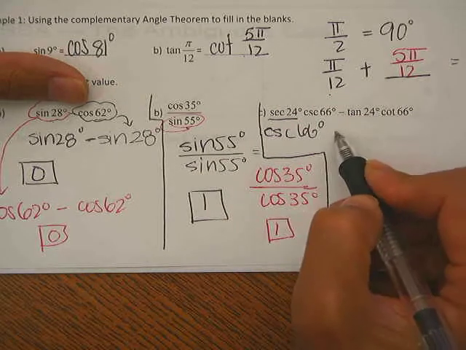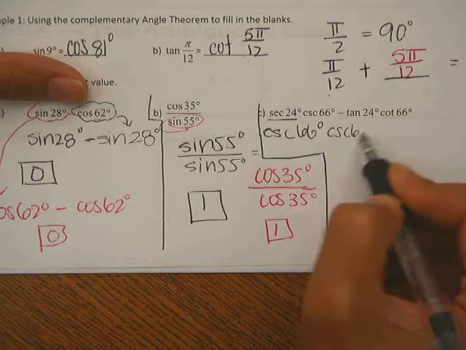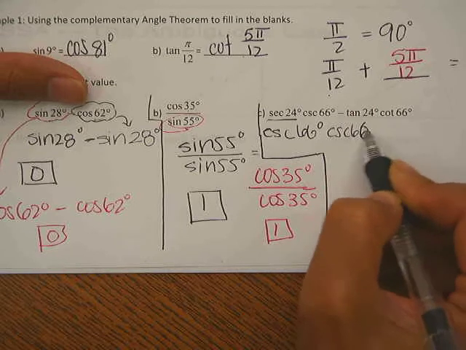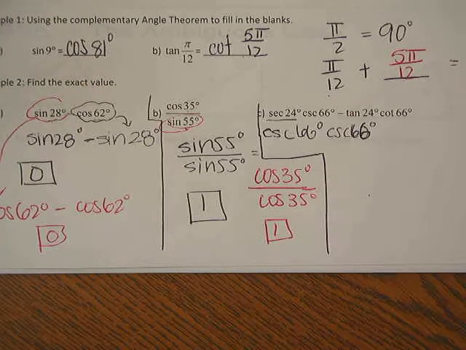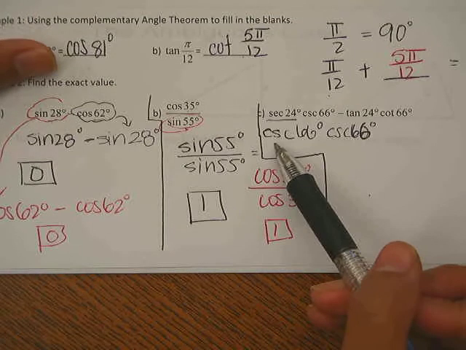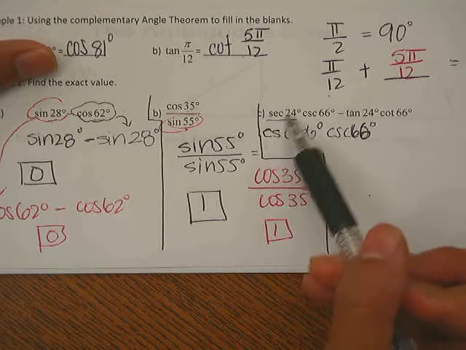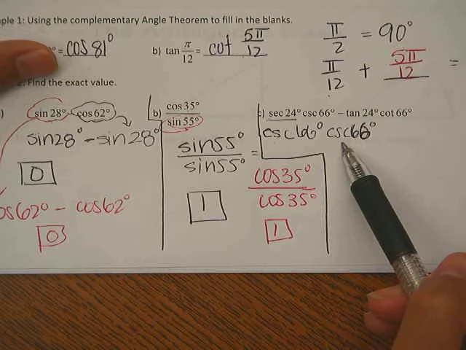Bring this down, multiply by cosecant of 66 degrees. Oops, I wrote 60, but I meant 66. So right now I have cosecant of 66 because I changed that, times cosecant of 66.